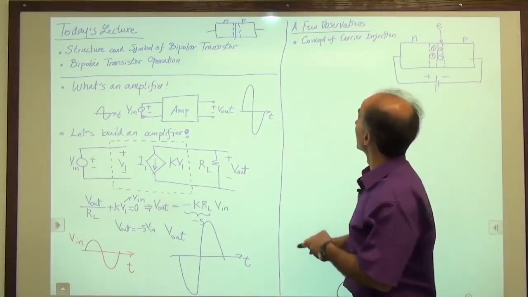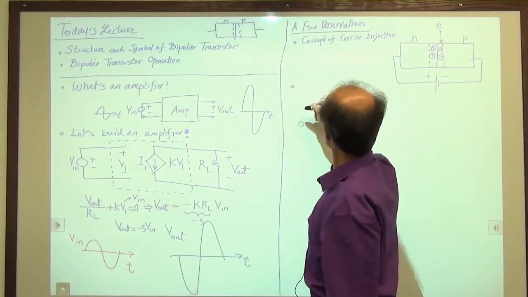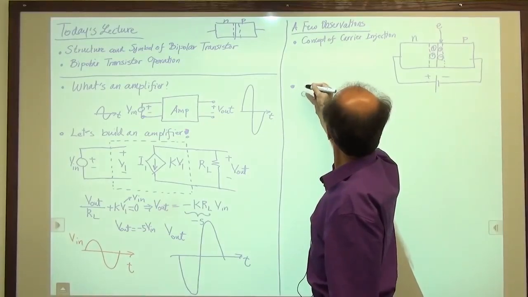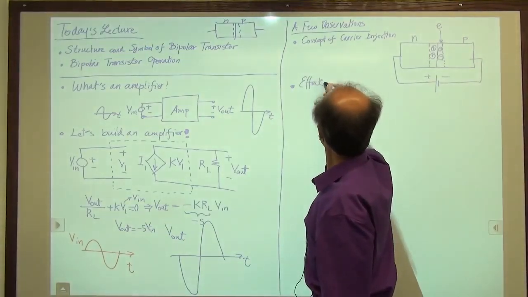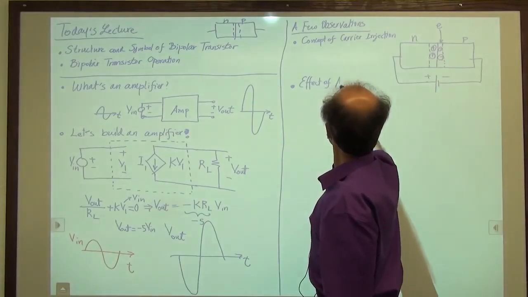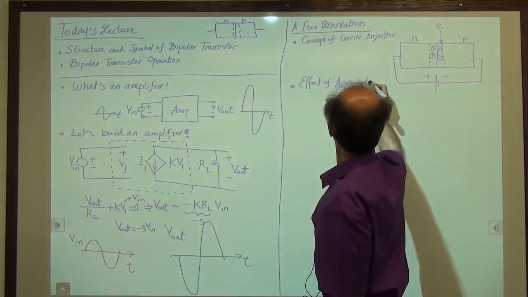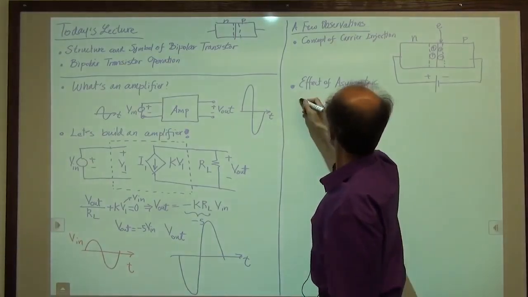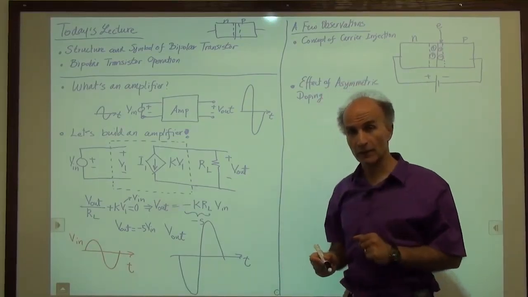All right, so the next concept that we need to talk about is the effect of asymmetric doping. Again, for the p-n junction.